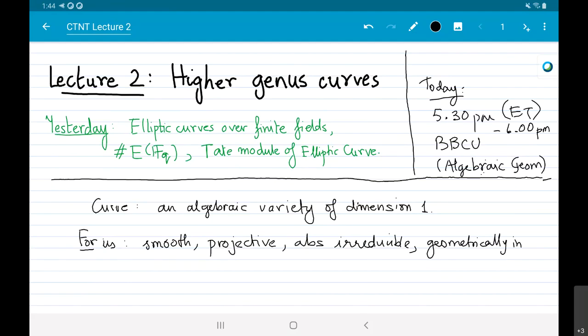We're not going to worry about what these adjectives mean right now. All you need to think of is that you have a nice curve, so most of the things that you want to be true are true.